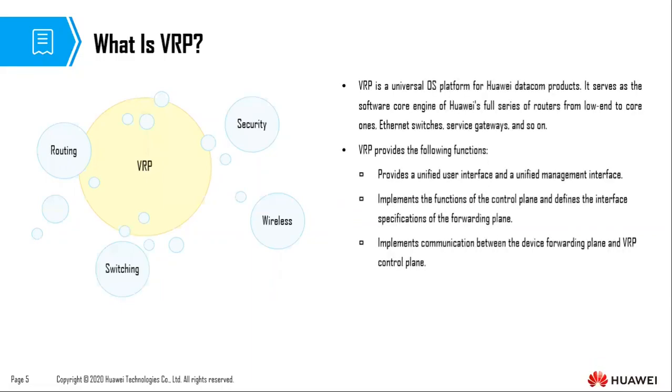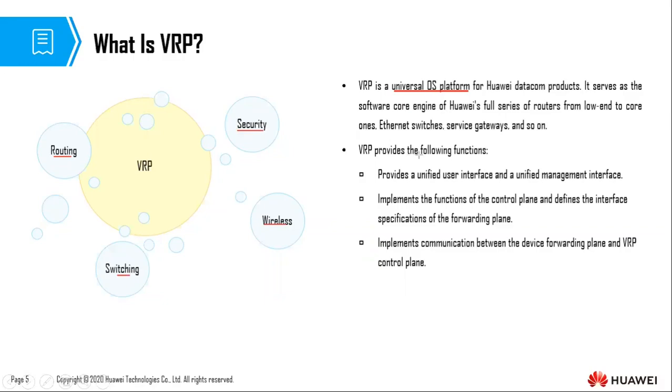So really, VRP, as we've said, is a network operating system for managing Huawei datacom products. VRP will run on Huawei security devices, routing devices, switching devices, and also wireless devices.